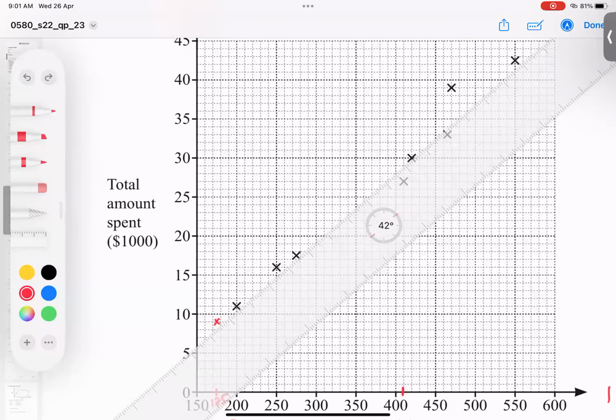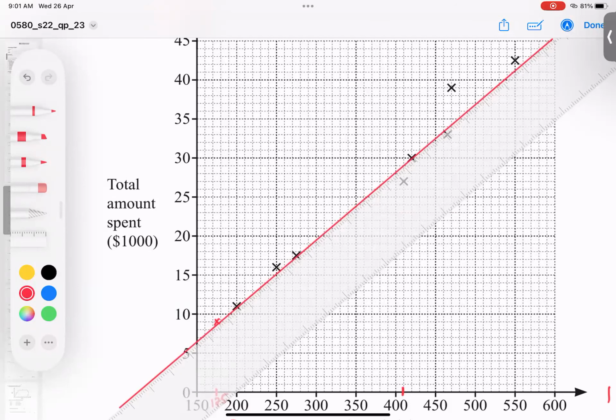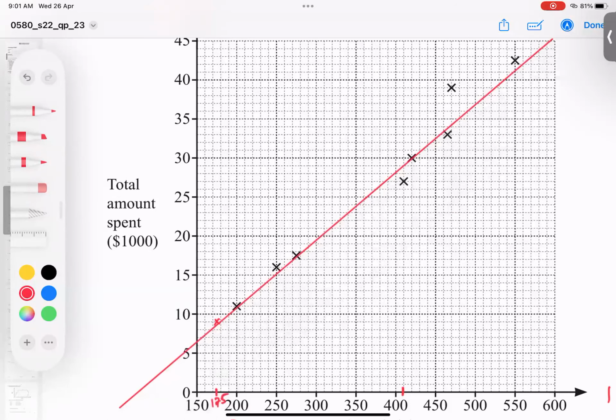This is a good choice, not a bad choice. Let's try to make it. How many points above? 1, 2, almost 3. And this point is on the line, this point on the line, almost all points on the line. I think this is a very good best fit line.